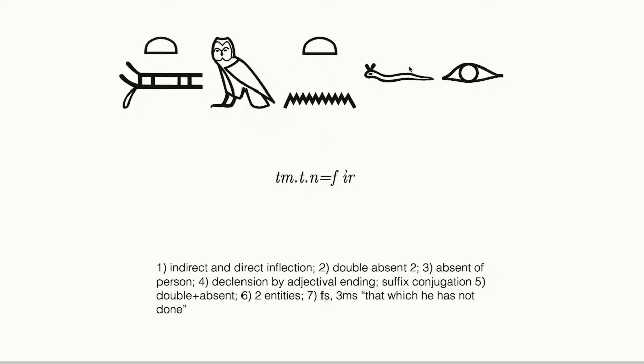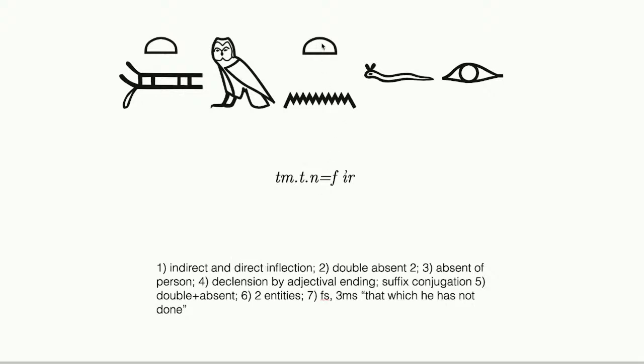But this whole word here, you're not going to find it, because it has inflection on it. It has declension on it. I listed out below what this word has grammatically. This is how you would grammatically analyze this word. It has an indirect and direct inflection. It is absent of person. It's declension by adjectival ending, which is this t here.